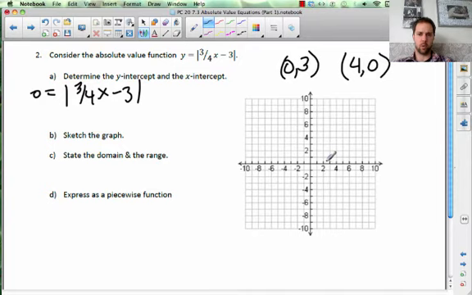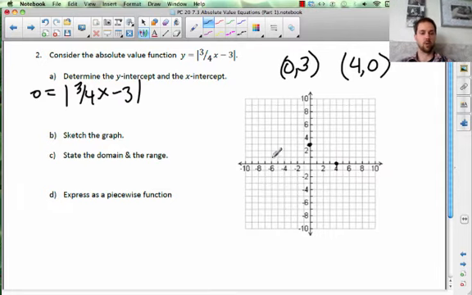So we have these two important points, the x-intercept right here, and the y-intercept at 0 and 3, which is right here. Now this thing is linear, so we can guess that it's going to go like that, and we would be absolutely right. So it's linear with a slope of 3/4, so that's rise over run, and an intercept of minus 3, but we know that that is only going to be positive 3 because we're always taking the absolute value.